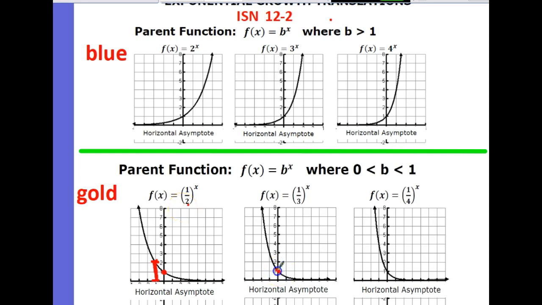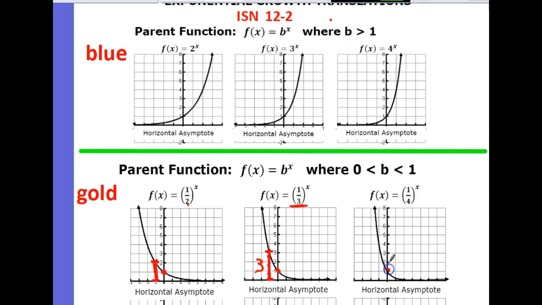So here's my key point, but instead of counting to the right, I count on the left. Are you marking this on your gold paper? 1, 2, 3. But instead of being a 3, because it's decreasing, it's a 1/3. That's the only difference here.